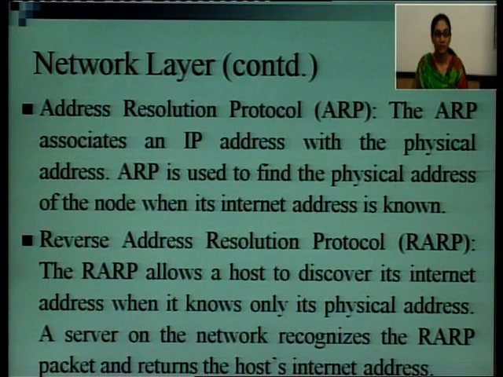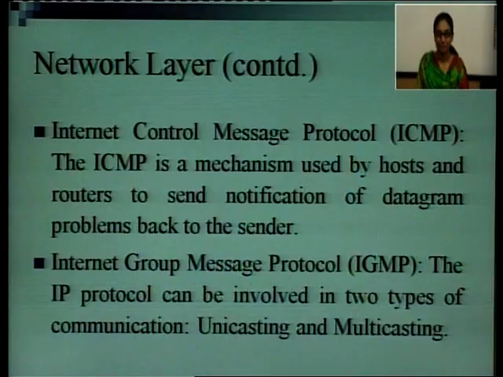Means if we know the internet address, we can simply find out the physical address of that node by using the ARP protocol. For the reverse process, we use Reverse Address Resolution Protocol, which allows a host to discover its internet address when it knows only its physical address. A server on the network recognizes the RARP packets and returns that host's internet address. So these are the conversion protocols.